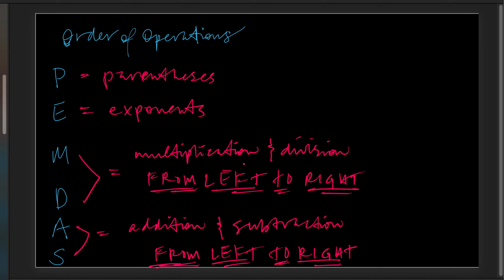Okay, multiplication and division from left to right. So multiplication and division does come before addition and subtraction. And then addition and subtraction from left to right. So we'll use the order of operations on quite a few expressions today.